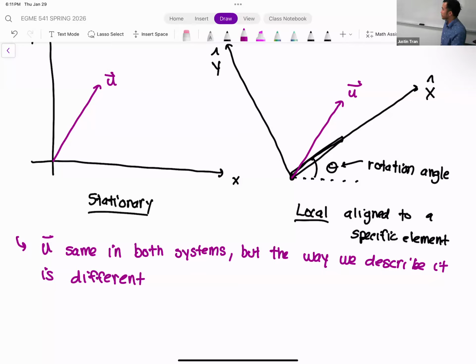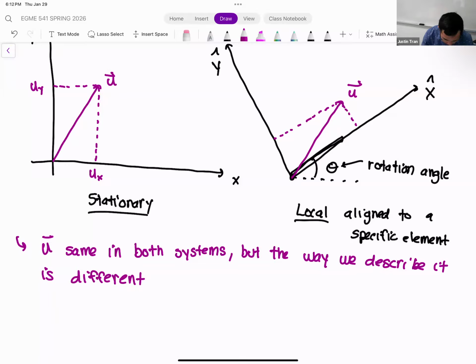All right, so let's think about how we describe the u vector in the stationary coordinate system. If we give it the typical two-component description, the x component of u vector, we'll call ux, and the y component, we'll call uy. And then we can do the same thing in the local coordinate system.